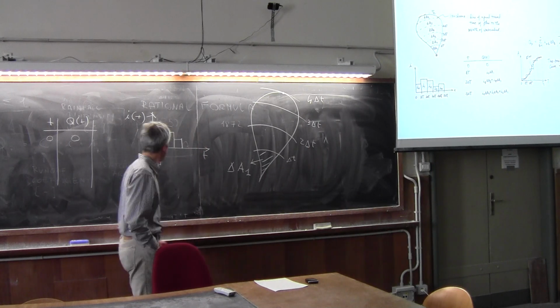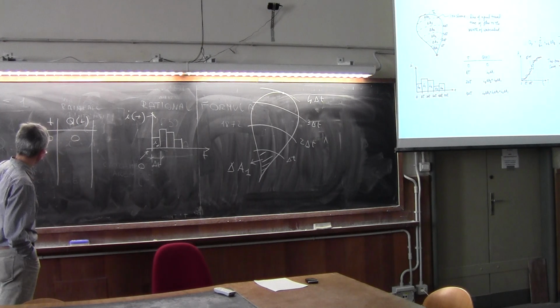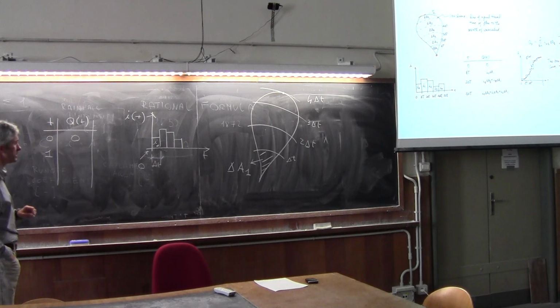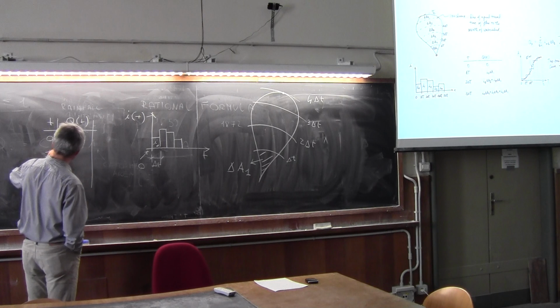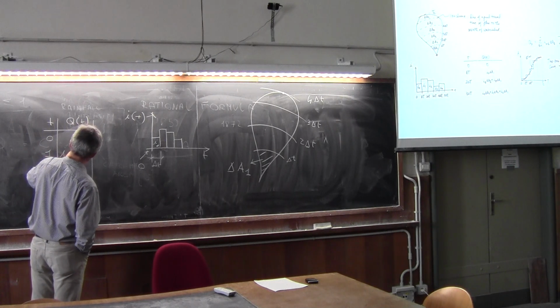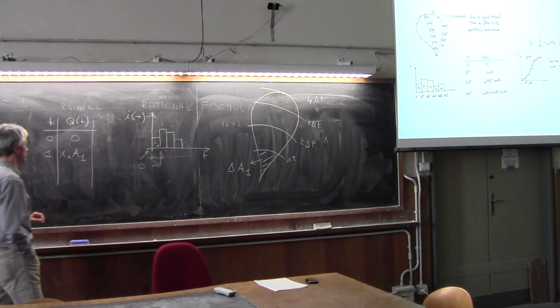Therefore, I can say that the river flow at time 1 is given by I0 times A1.